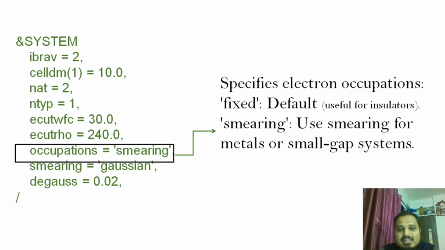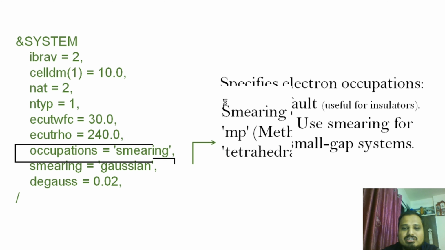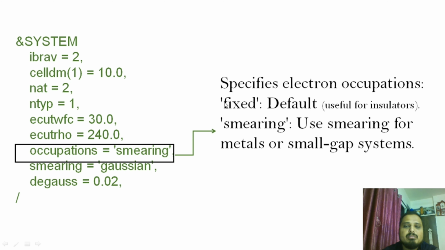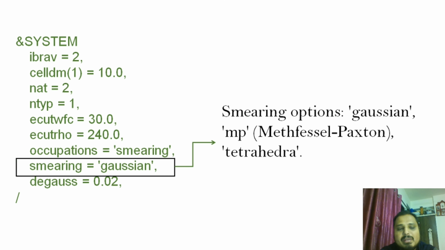The next parameter is occupations. Basically it defines how the electrons are filled in your bands. By default it is fixed. In insulating systems we keep the occupation fixed, but for metallic or semiconductor systems we use smearing occupation. Next parameter is smearing. Smearing is a method by which electrons are occupied near the Fermi level.